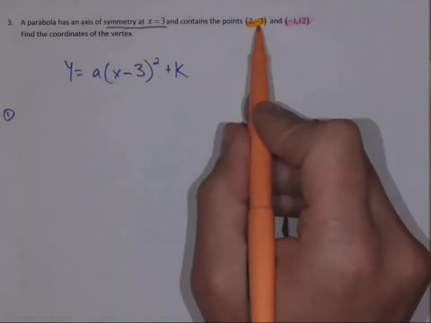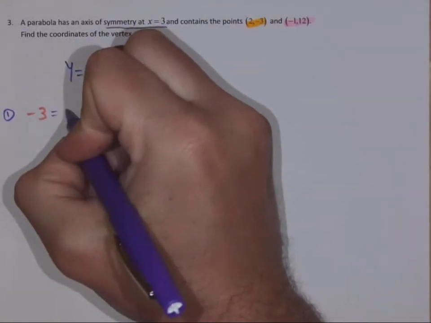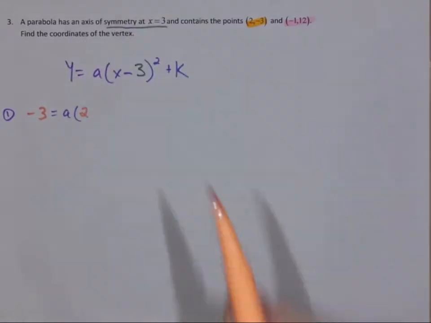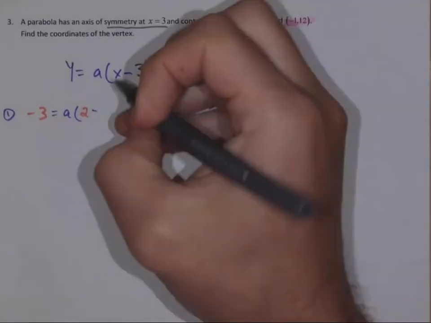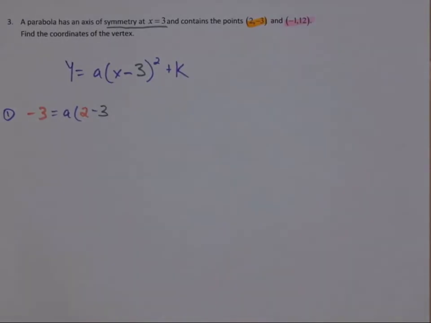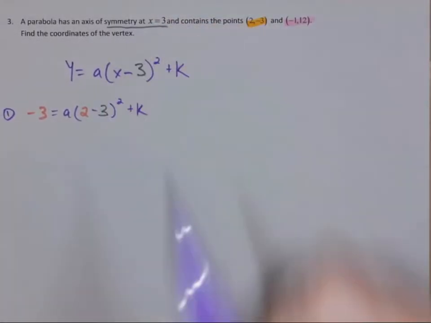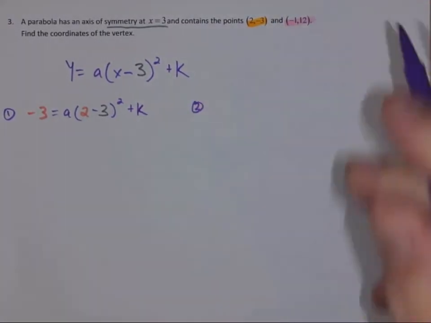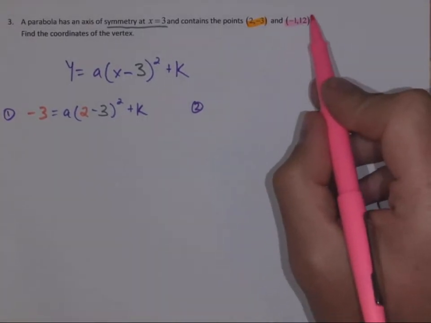Where we see y, put in -3. And where we see x, we put in 2. We do the same for our second equation using our second point.